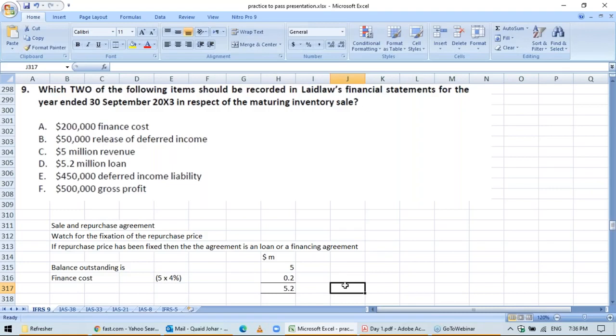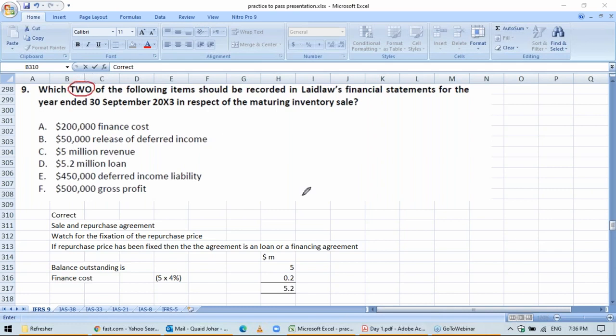So the correct answer to this is two items are correct. You have to select two items. So please do read the questions carefully, what the question says.